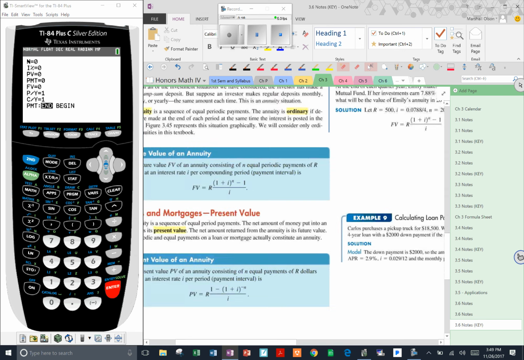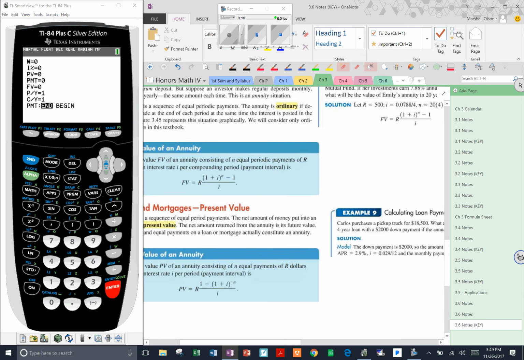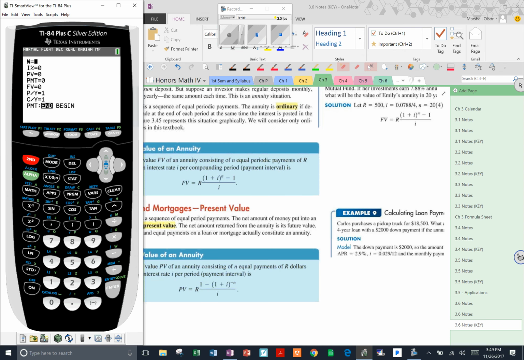And I think I actually have the spot on your notes already down here where we're going to end up using it in a second. So that's how you get to it again. You go to, let me quit out of here and show you again. You go to apps, and then to finance, number 1, and then to the TVM solver, which is number 1 there. All the new calculators, all the new TI should have this.